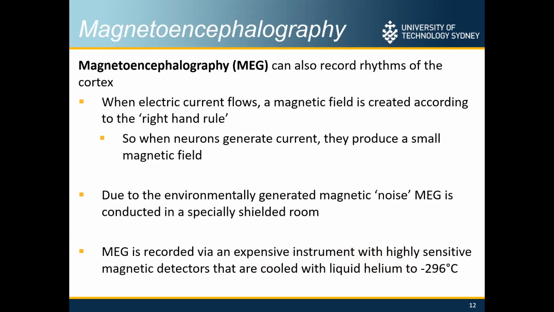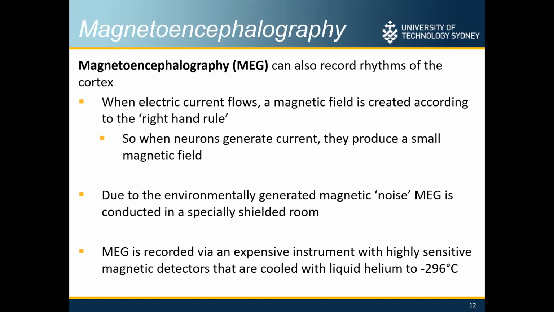As I mentioned before, when an electric current flows in a given medium, usually a magnetic field is generated, and this can be defined by the right-hand rule. One of the take-home messages from this slide is that the magnetic field generated within the biological system is very low.